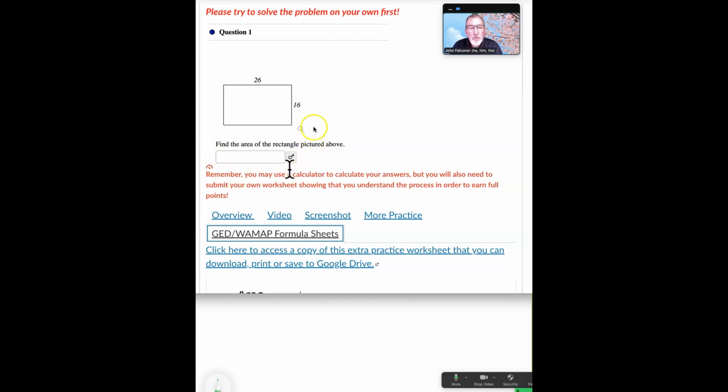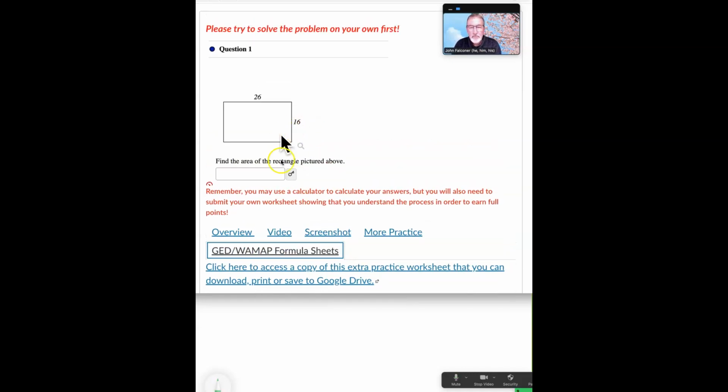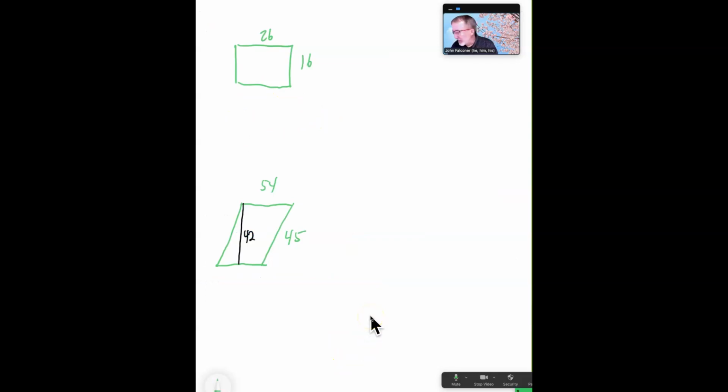So it's unusual they don't say what these units are, and that they don't have the square symbol in the answer somewhere. But I think it's because it's just beginning level. And that's how we're going to calculate that. So here's the tablet. I've got it written out here. So 26 times 16, we can even do it longhand just for fun.